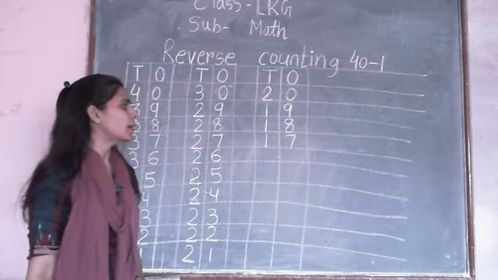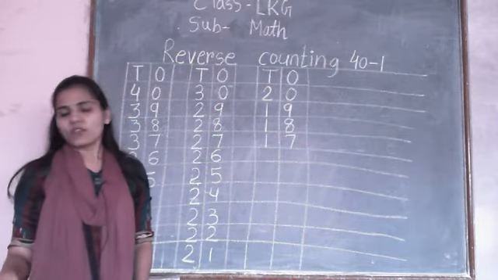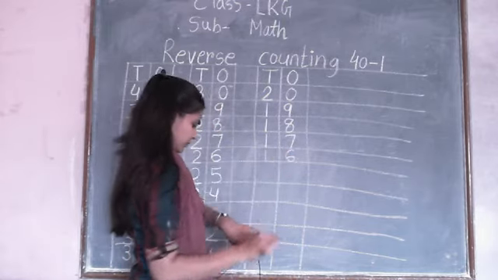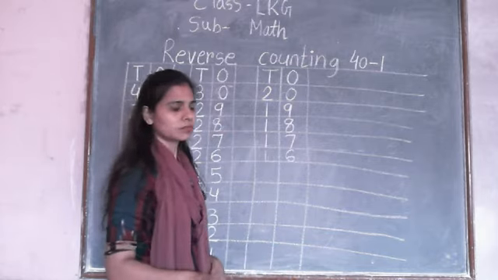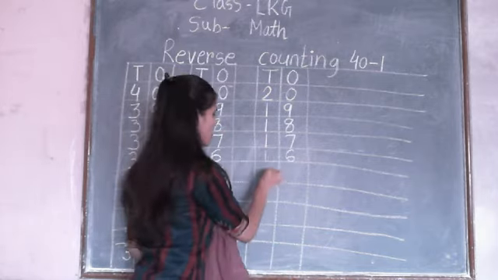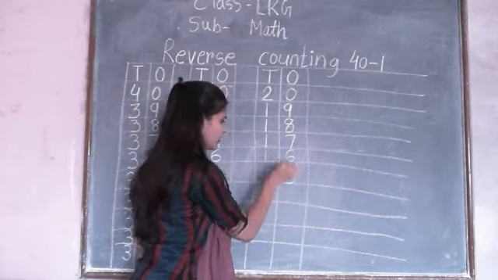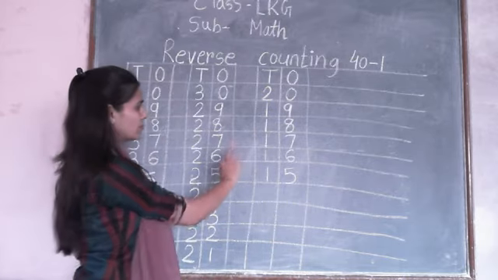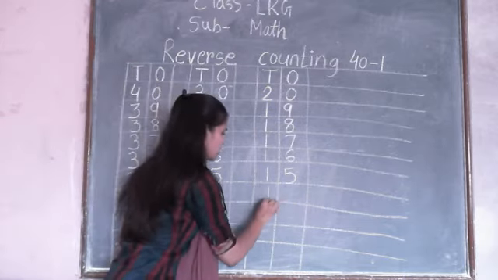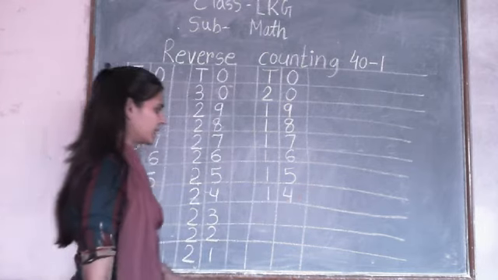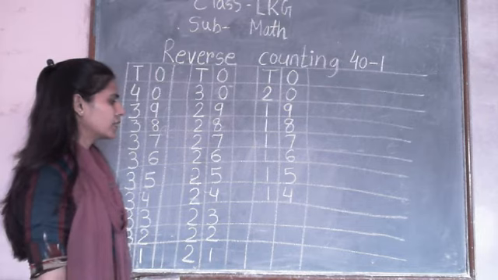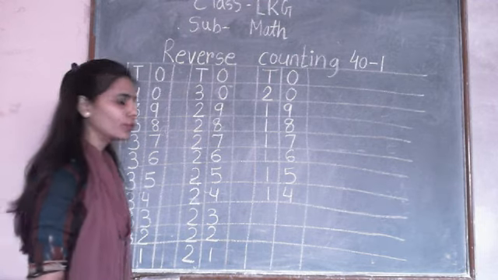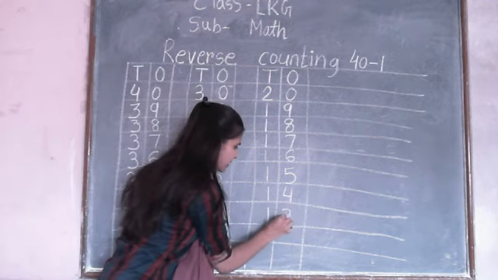Then before number of 17 is 16. Write here 16. Now before number of 16 is 15. So write 15. Now before number of 15 is 14. Write here 14. Then before number of 14, 13.